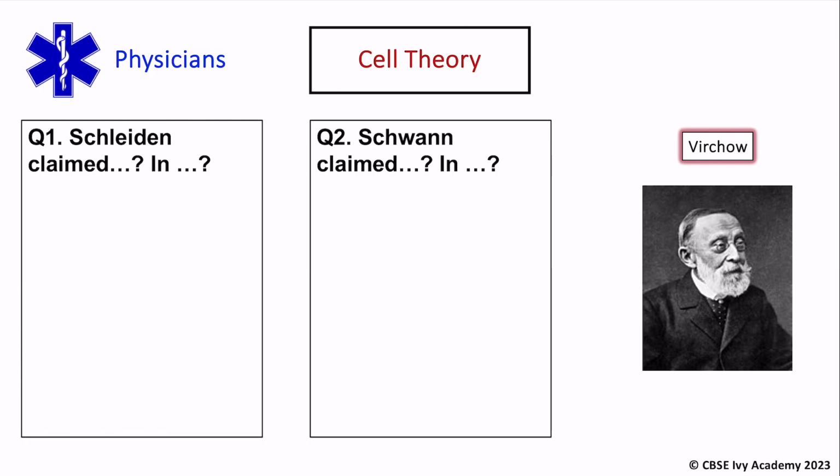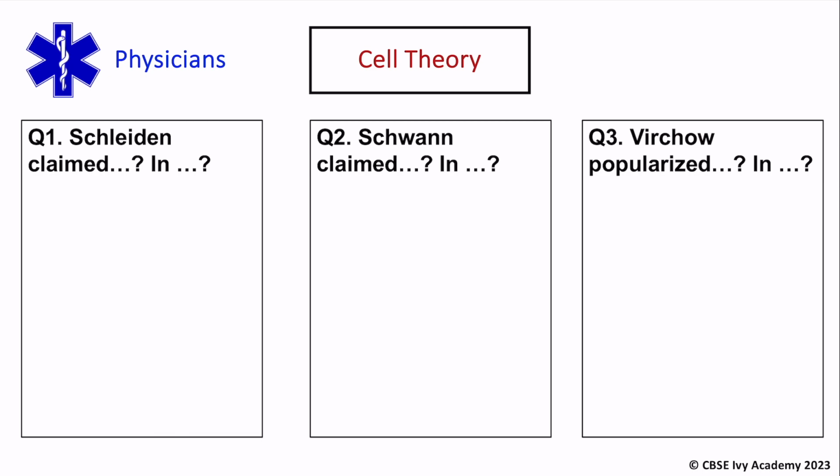That all animals are made from cells, and that was in 1839, a year later. Virchow popularized what statement in what year? It was the statement omnis cellula e cellula, that every cell is derived from a pre-existing cell, and he popularized that in 1855. Okay, next topic.